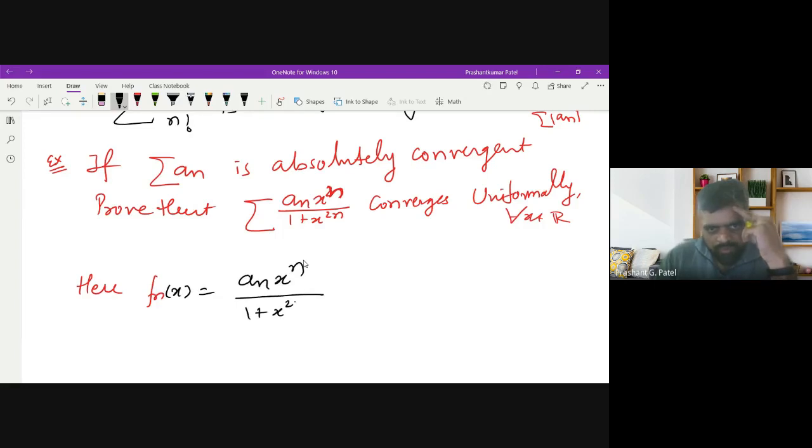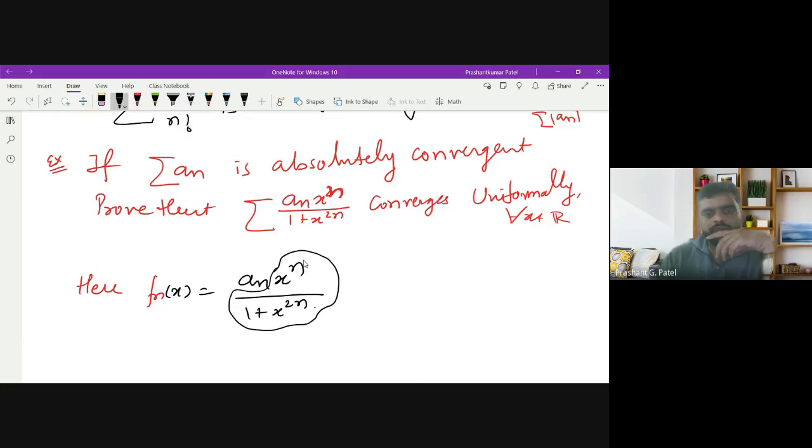The idea is to find the maximum value of this. That means I need to find some constant sequence for which this is bounded. So it is better to find the maximum or supremum value of this function, that is x power n upon 1 plus x power 2n.